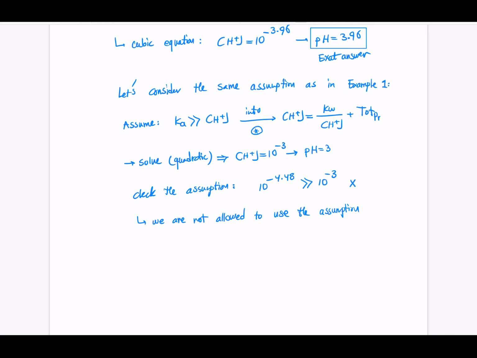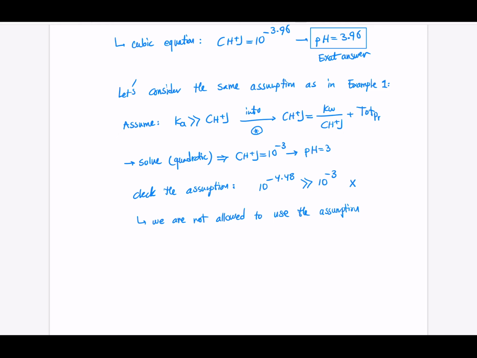The other two assumptions, just to give you an idea, we're not going to solve it. One time I assumed I'm adding acid, so proton concentration is way bigger than hydroxide concentration. So in the charge balance, I ignore the hydroxide concentration, so H plus is equal to PR minus.